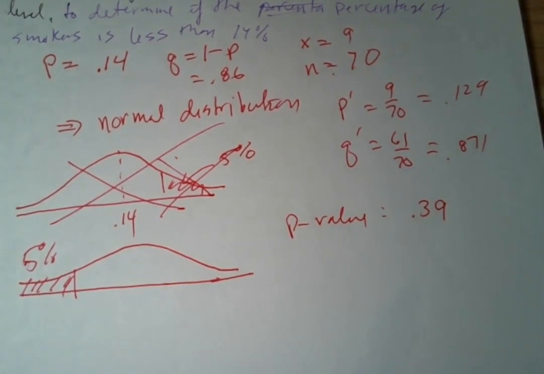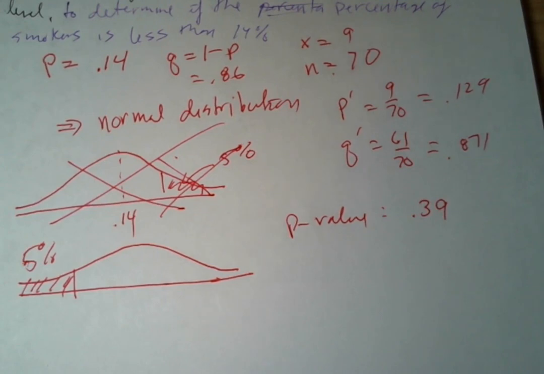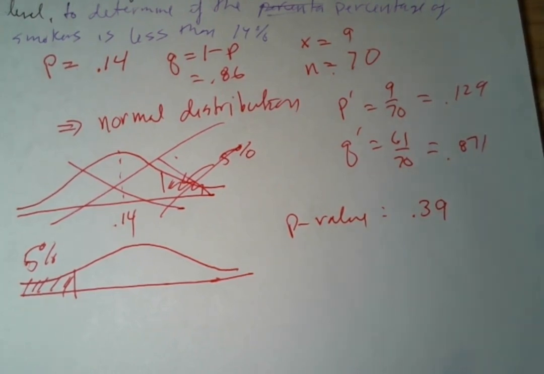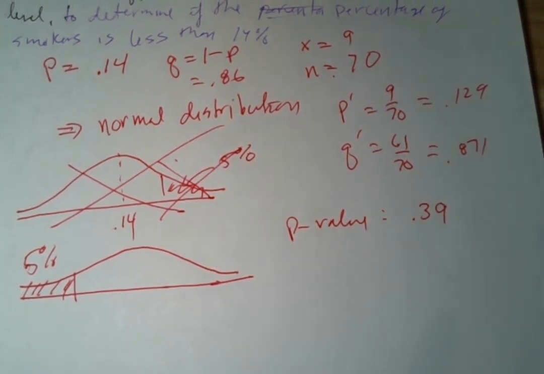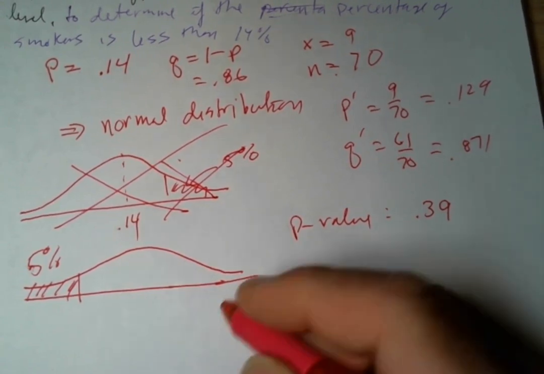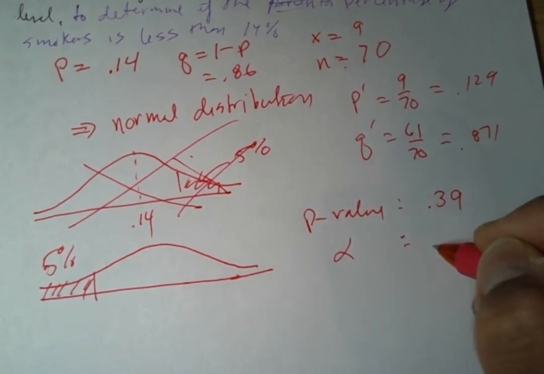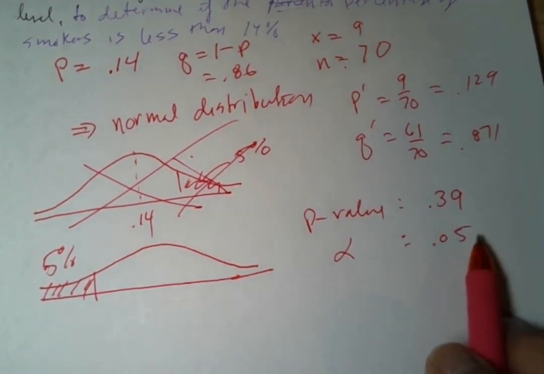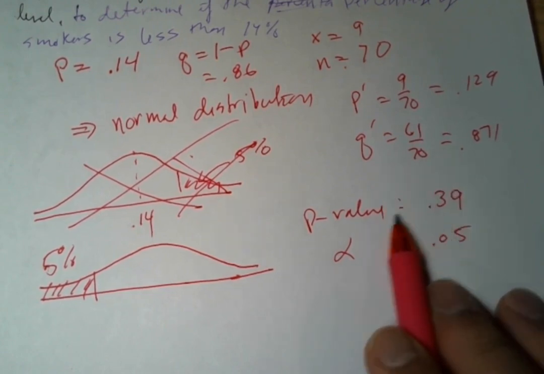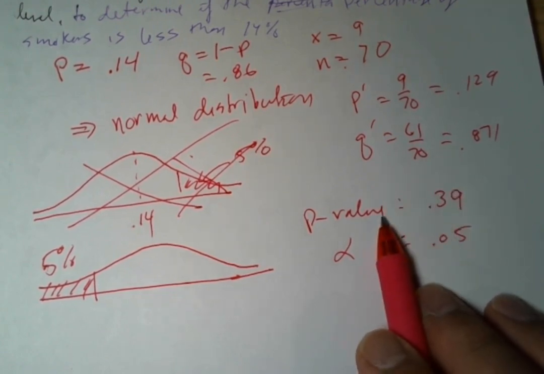So what that tells me is that this is actually not an uncommon result to find, where we have 12% instead of the 14%. So there is not enough evidence to support the claim that the population percentage of smokers is smaller than 14%. Comparing the p-value to our alpha value, 0.05, it is much larger. So this is not a rare event, this information that we gathered.